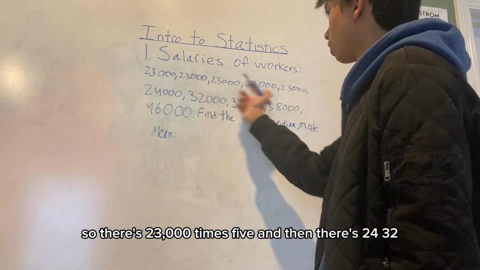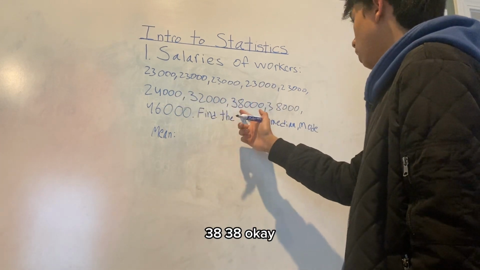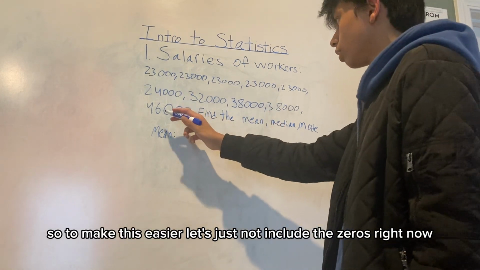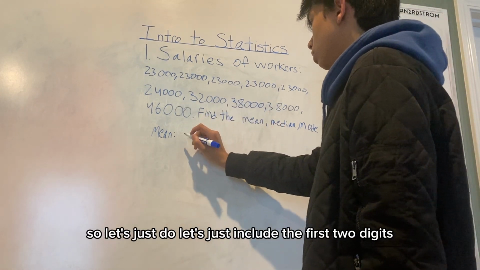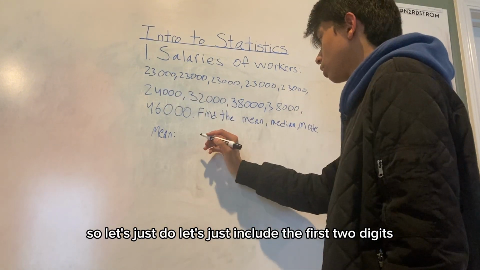So there's 23,000 times 5, and then there's 24, 32, 38, 38. To make this easier, let's not include the zeros right now. Let's just include the first 2 digits.